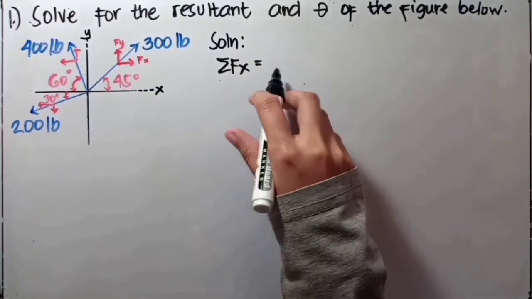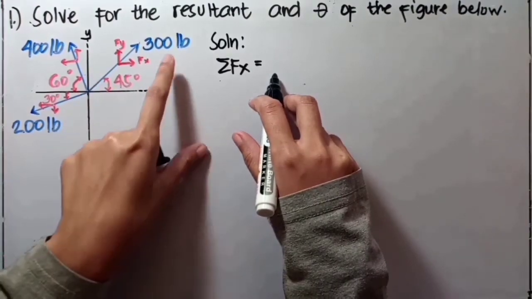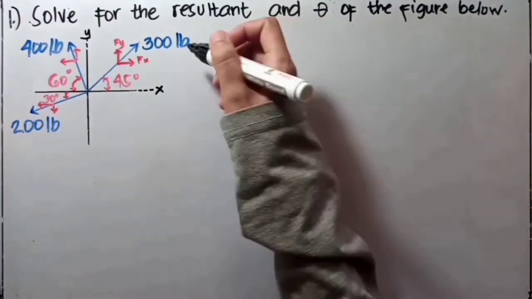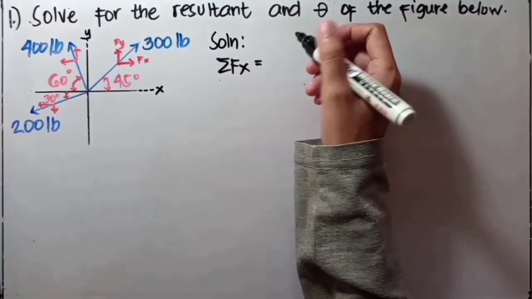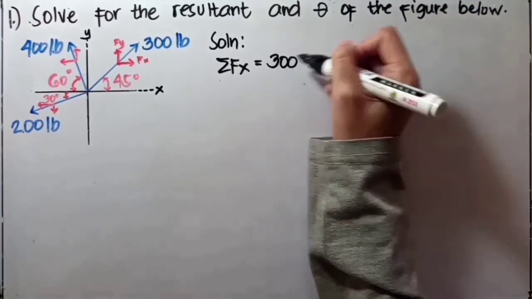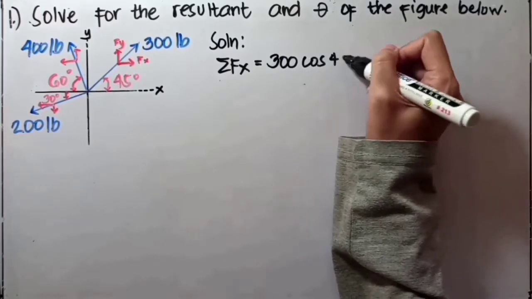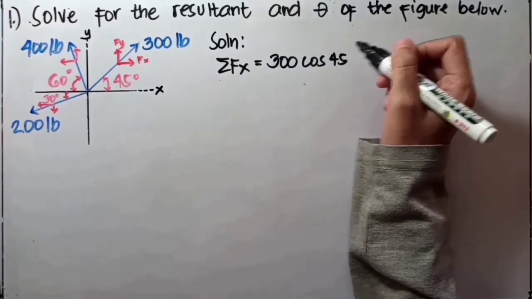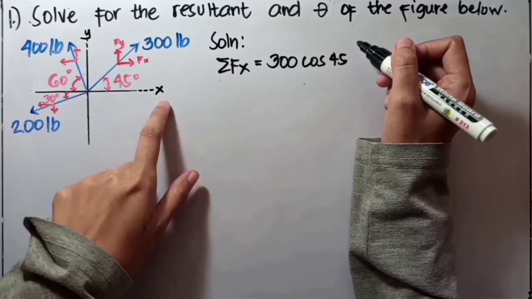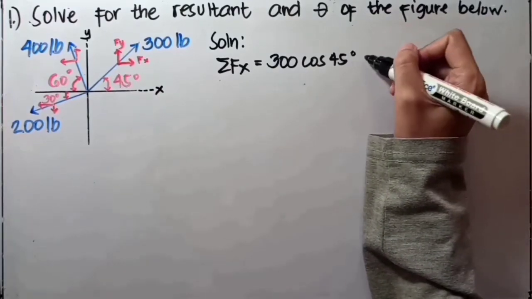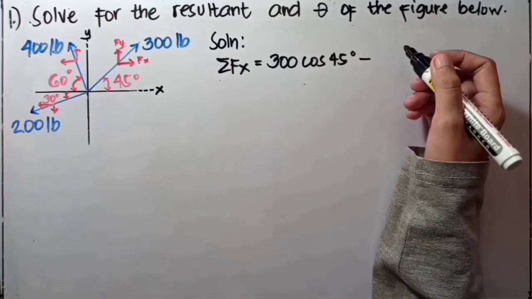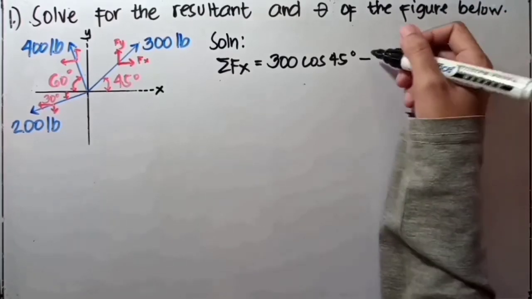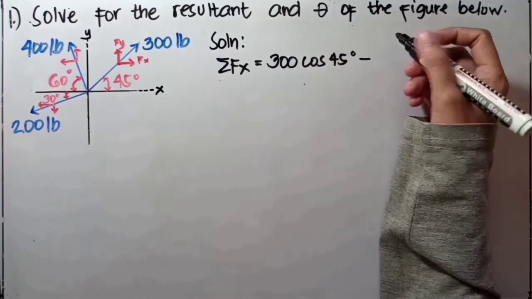So, for the summation of forces X, we will start with 300 pounds. Pounds is used here, an English unit. Summation of forces X, 300 cosine 45, since the angle is adjacent to the X axis. And then, minus. Next is the 400 pounds. I put negative here. Why negative?